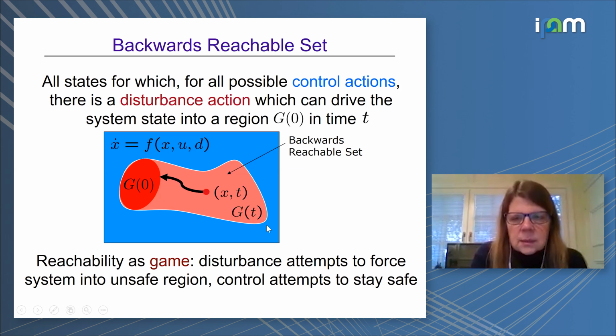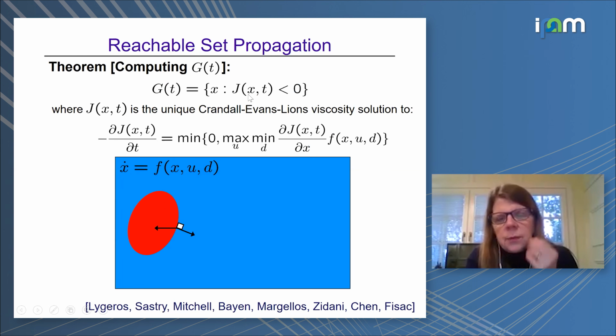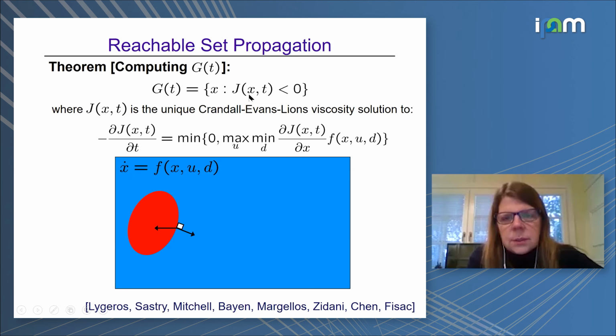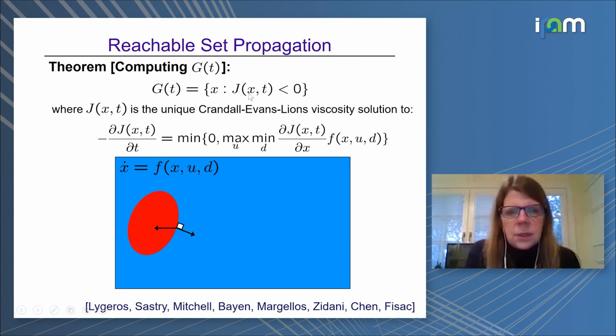Okay, so that's the setup of the problem we're looking at, and what we did was to show that the computation of that backwards reachable set G of t can be performed by first characterizing that set G of t as the sub-zero level sets of a function j, we'll call it j of x,t, which represents a value or a cost.